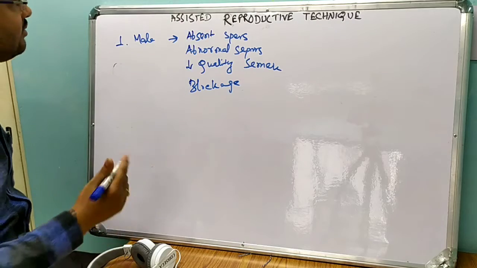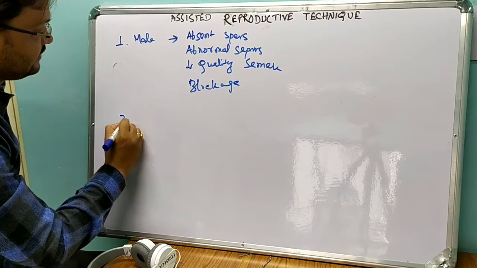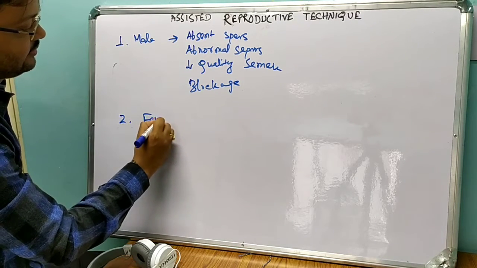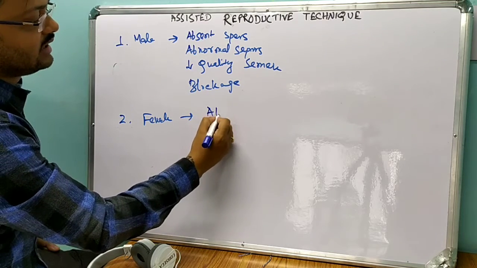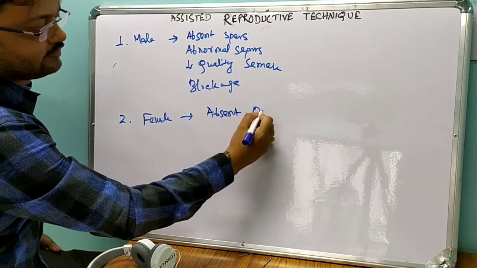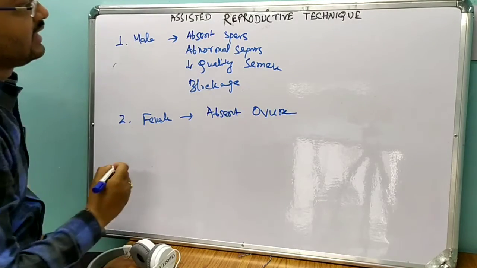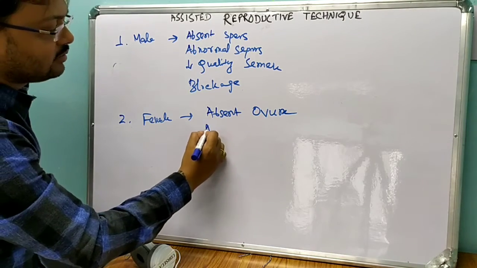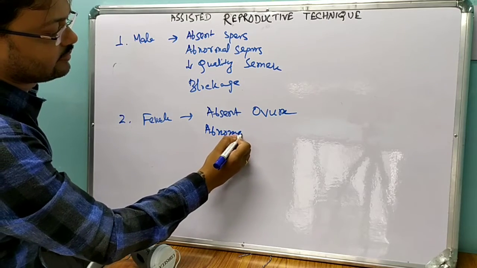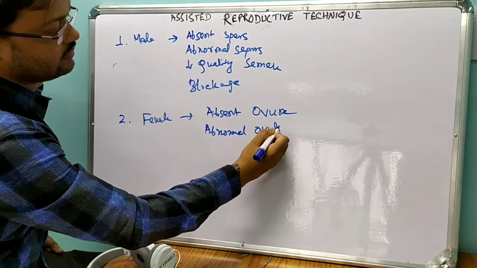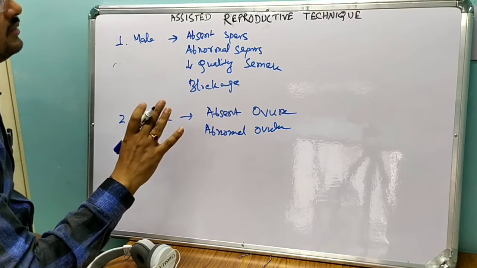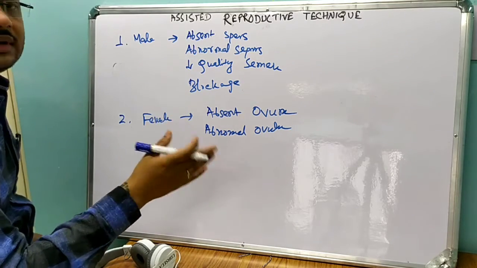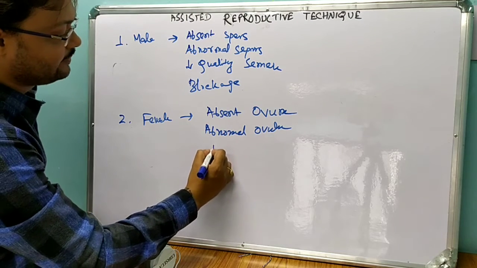Okay, so what might be the problem in females? Again, a genetic problem that might lead to absent ovum. Secondly, abnormal ovum. There might be some kind of blockage within the female pathway.